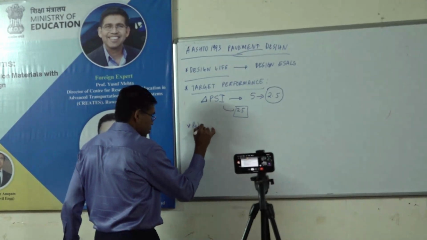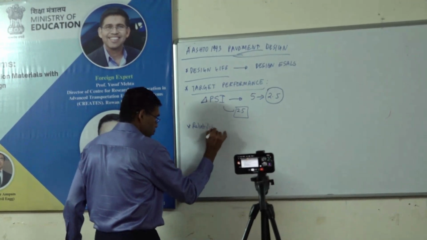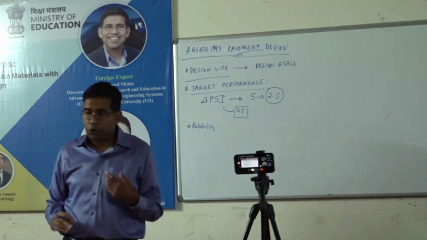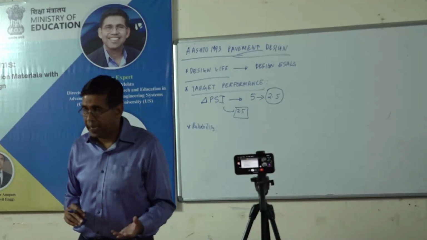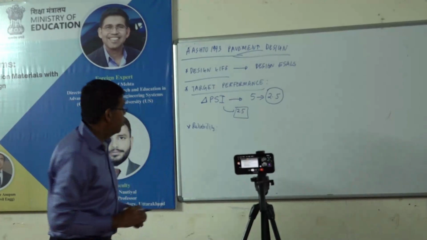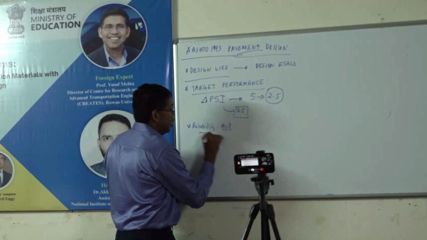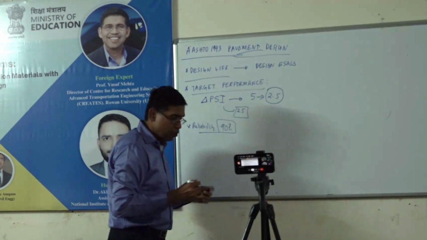Next. Reliability. Reliability is what risk I am able to take. Okay. So this could be 90%, 95%, whatever it is. Okay. And I'm going to explain this to you.